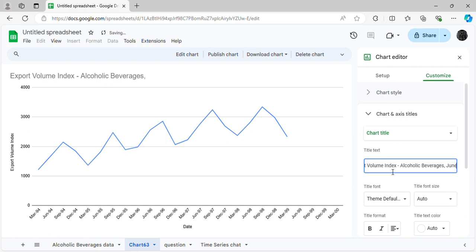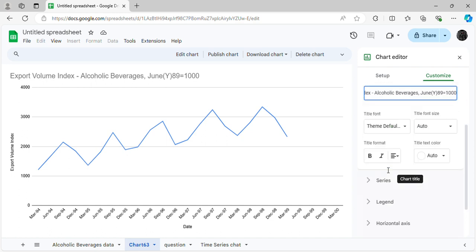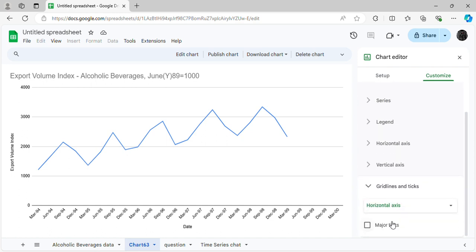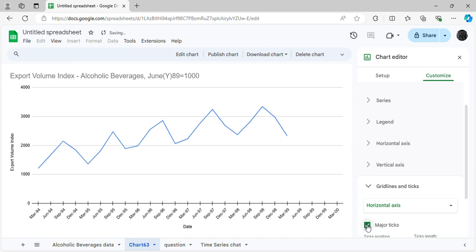June, bracket Y 89 equal 1000. Let's add the grid lines. For the horizontal axis, let's show the major ticks.